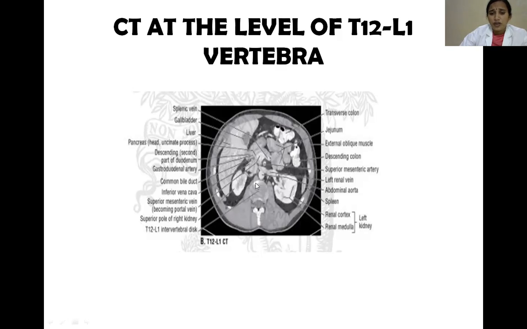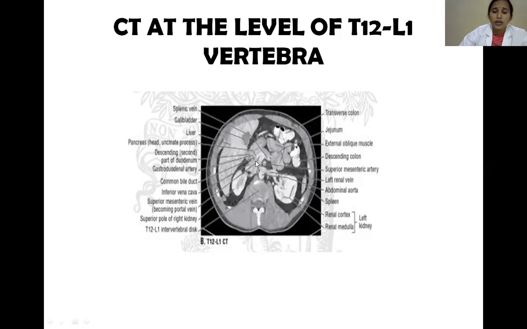On either side of the body of the L1, you will see the corresponding kidneys, the right kidney and the left kidney showing the hilum. Then on the left side laterally you are going to see the spleen. On the right side you are going to see the right lobe of the liver. And just in front of the body of the L1 you are going to locate the abdominal aorta giving origin to the superior mesenteric artery.